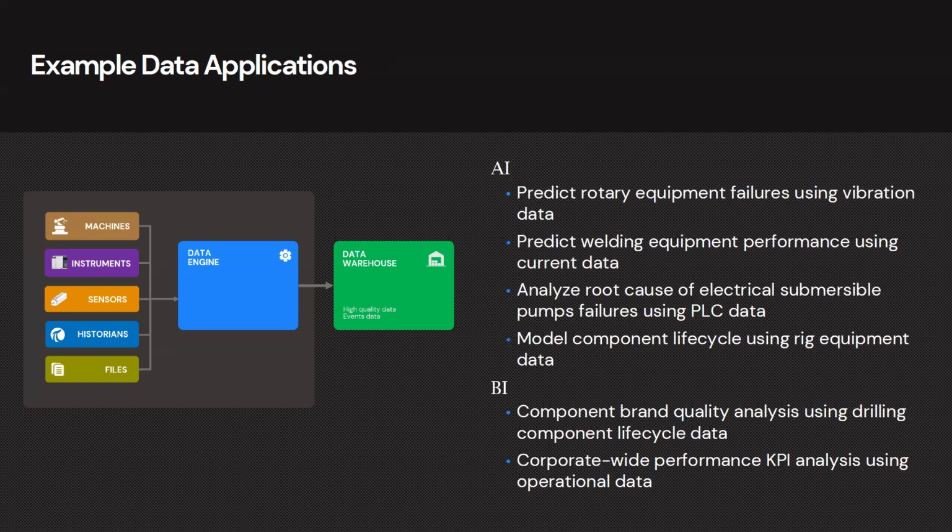And very often when it comes to modern data applications, it's not about a single site. It's almost always about analyzing all the sites. So now you can analyze KPIs to understand which site is performing better, what are the reasons it's performing better, and how do you improve the sites that are not performing as well.